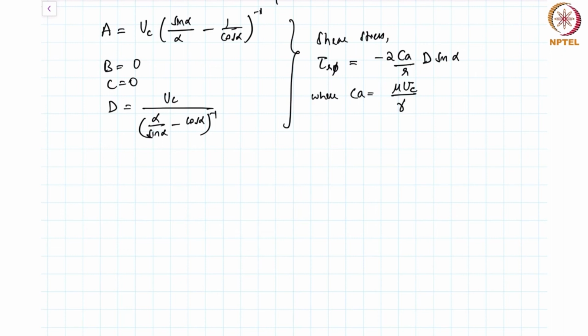Therefore, what this tells you is that the shear stress diverges as r goes to 0.